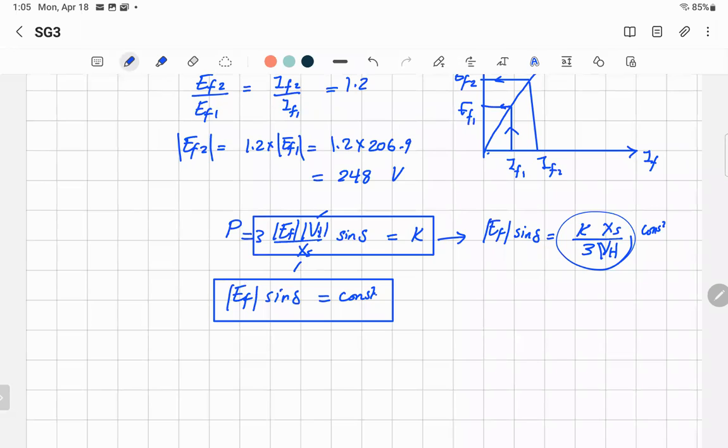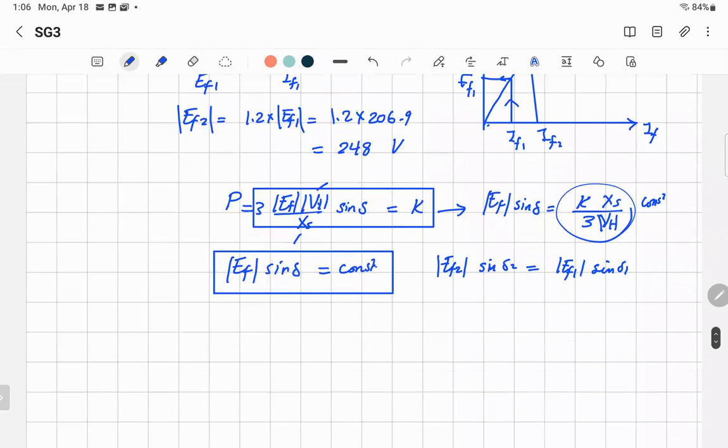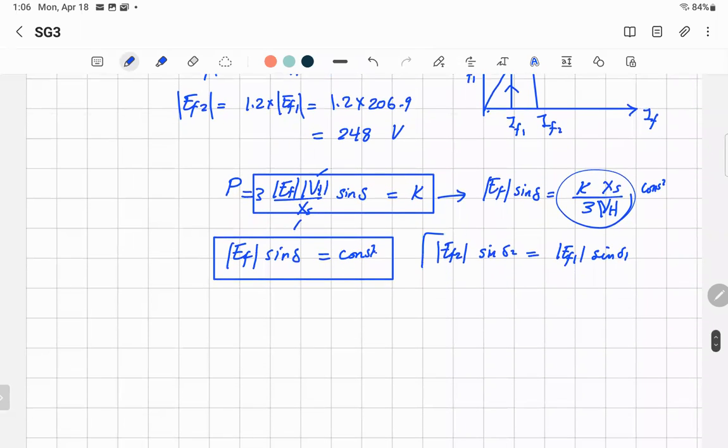So if EF sine delta is equal to a constant, it means that you can say EF2 sine delta 2 equals EF1 sine delta 1 equals EF3 sine delta 3, and so on. All right? It's constant. We just proved it's constant.